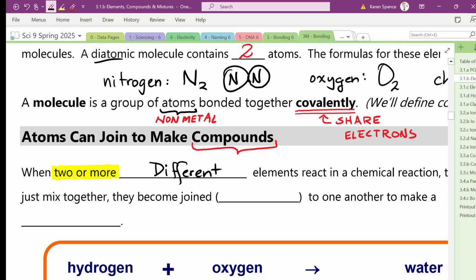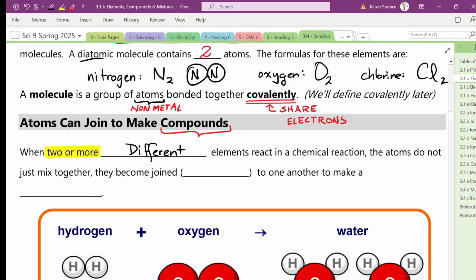Okay, and they mix together in a chemical reaction and they become joined or bonded to one another. That makes a compound.